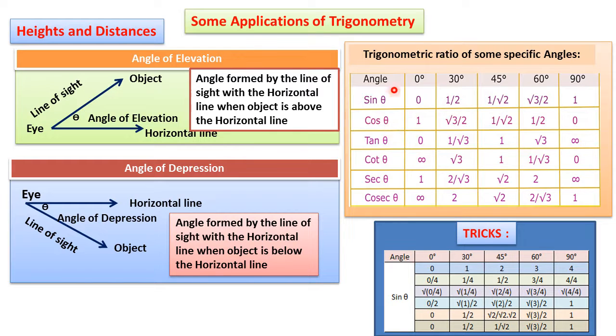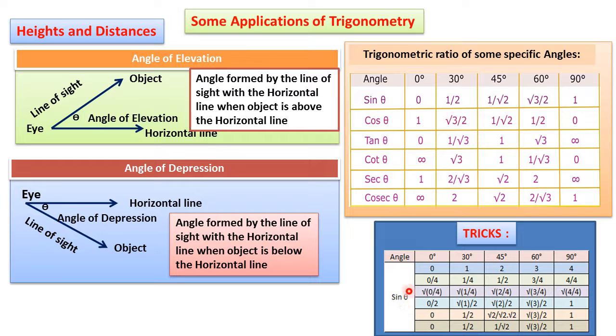It is very easy to remember these values. In the previous video we discussed the tricks. Suppose sine of angles 0, 30, 45, 60, 90 is required. First we write 0, 1, 2, 3, 4 for these angles, then divide all by 4, and then take the square root, of numerator and denominator.